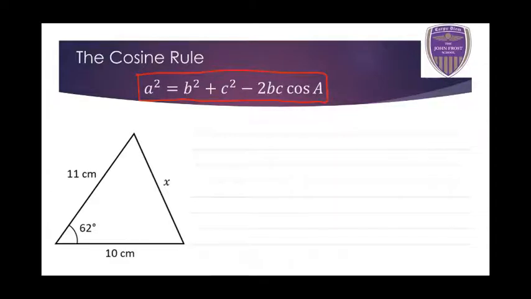Okay, so there's a few things we need to know about this rule before we can use it. So this is for non-right angled triangles. Obviously, if it was a right angle triangle, we could use Pythagoras, a squared plus b squared equals c squared. But because we need to use this for non-right angle triangles, for this lesson, we're going to use it to find a missing side.